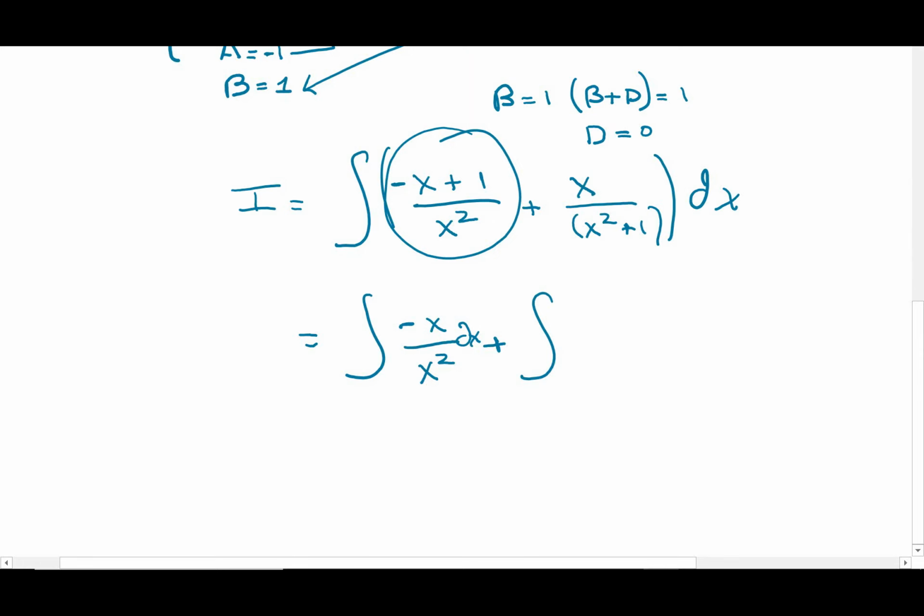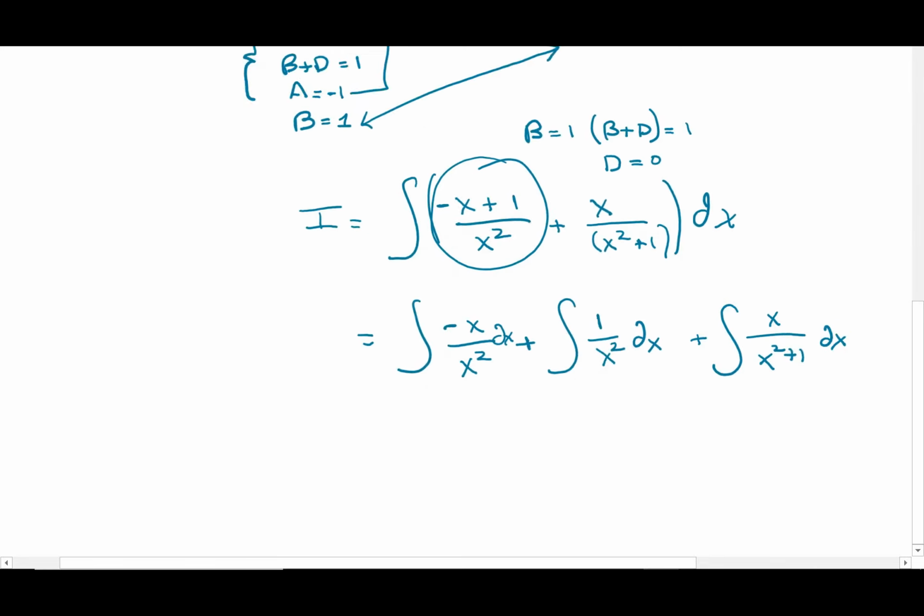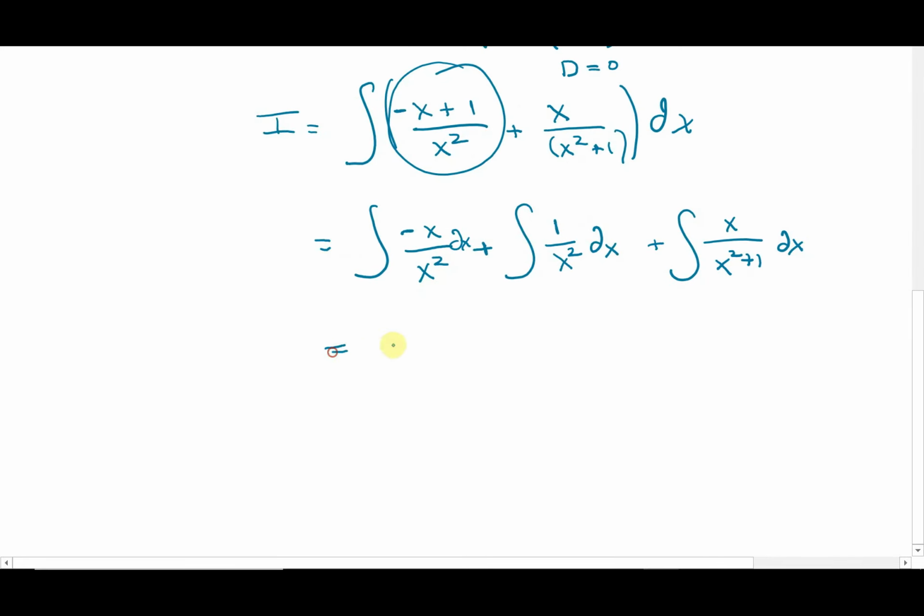So we have negative x over x squared dx plus 1 over x squared dx, and then plus the integral of x over x squared plus 1 dx. Split together, this breaks into negative 1 over x dx plus the integral of 1 over x squared dx plus the integral of x over x squared plus 1 dx.